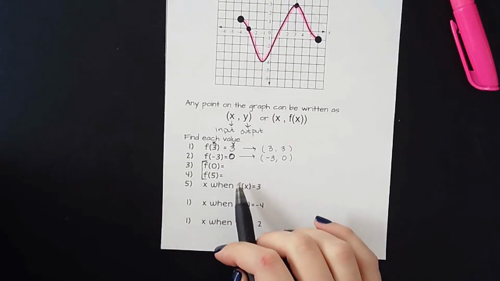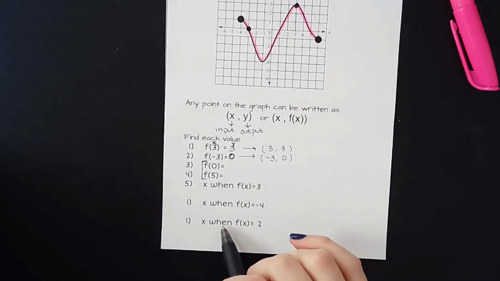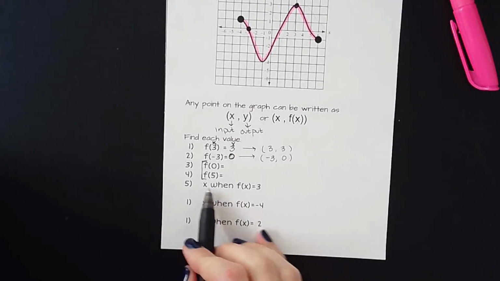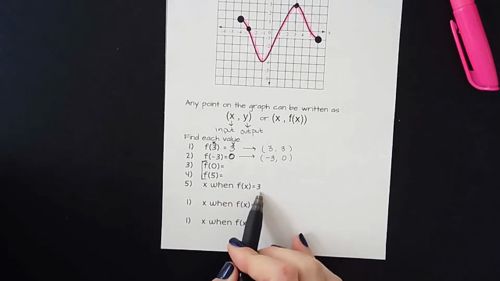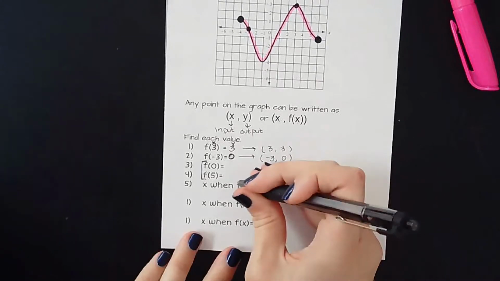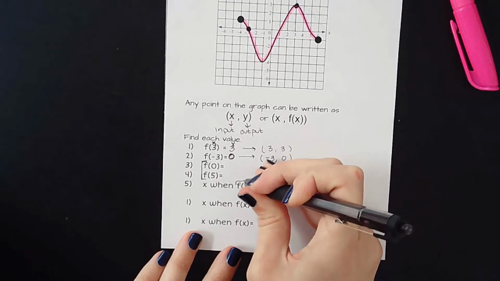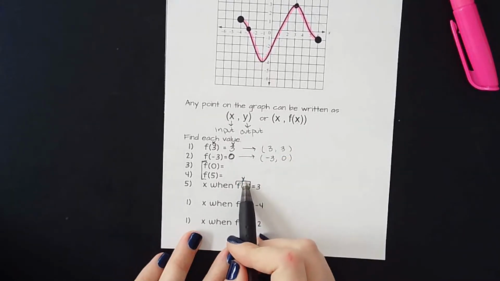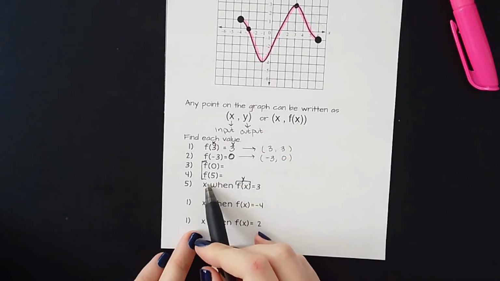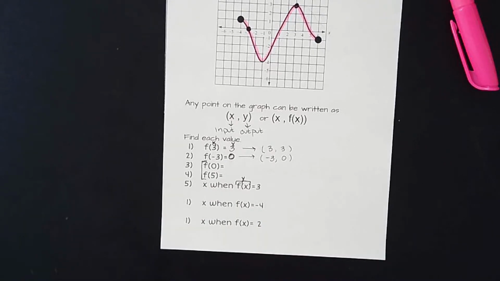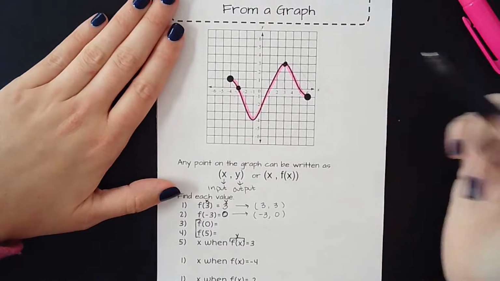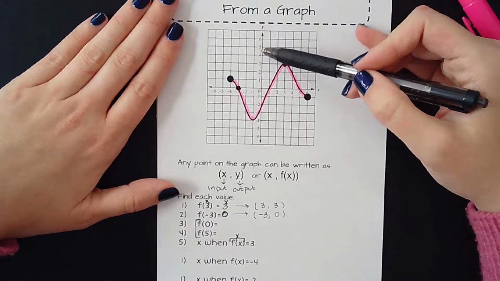When we look at these next problems, they're asking us to go backwards. They're asking us to find the x value when f of x is equal to 3. And we know f of x is the same as y. So they're telling us our y value is 3. What is the x value when that happens? So on my graph, I'm going to find a y value of 3.